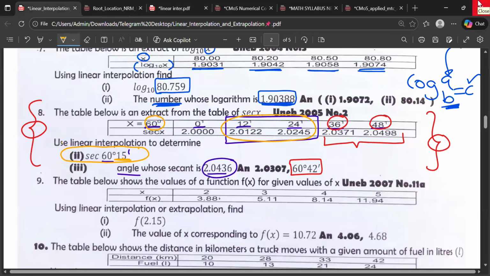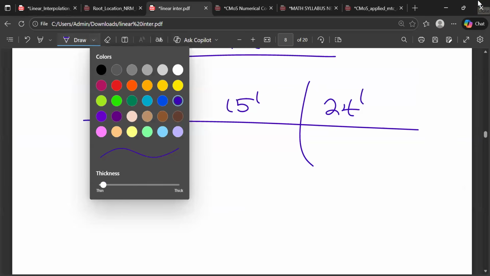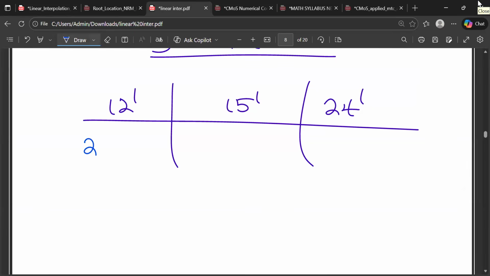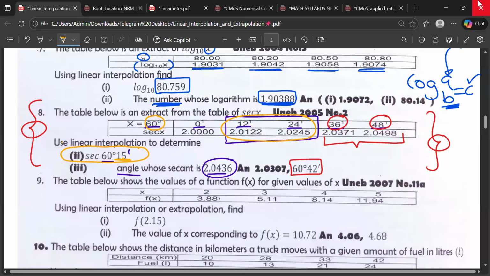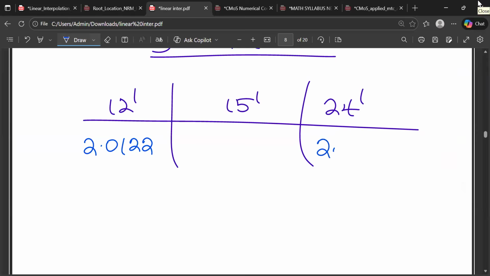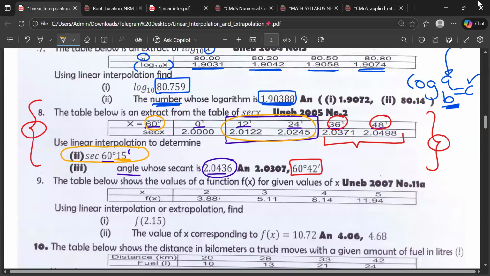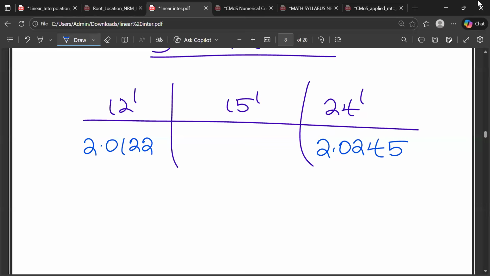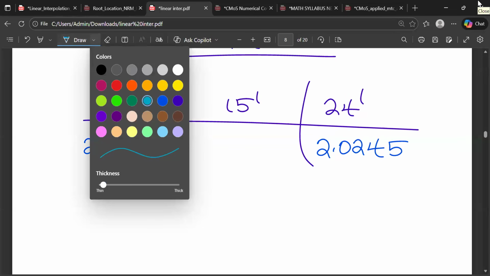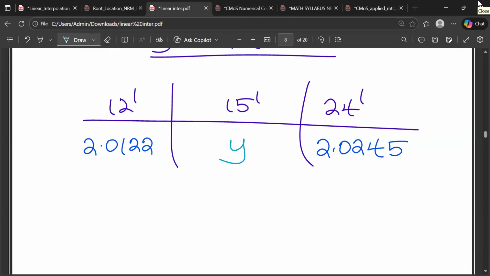Then the values are 0, 1, 2, 2 and 0, 2, 4, 5. And here they said 15 minutes. I told you it's okay to put y provided it's your function, because our function is sec x.